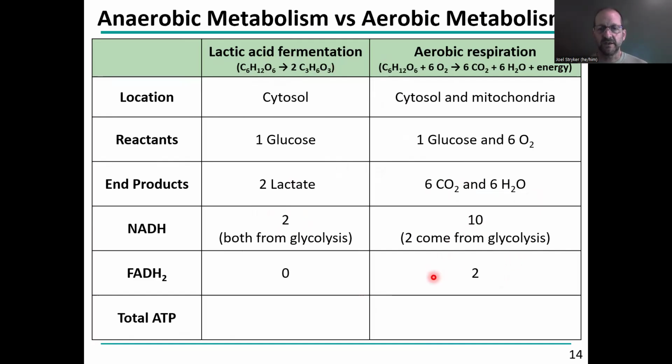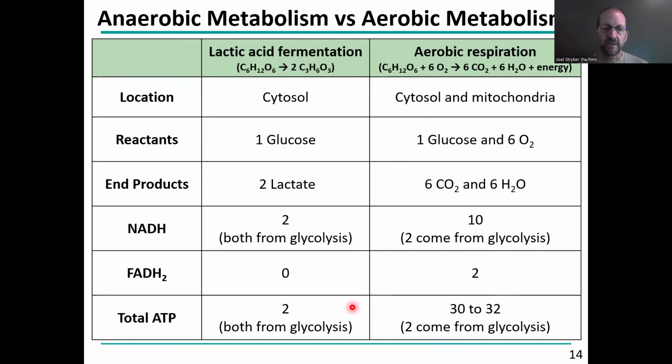FADH2 is only from the citric acid cycle and aerobic respiration. And then total ATP, 2, both of those coming from glycolysis in the fermentation process. That's all the ATP that's being generated in lactic acid fermentation. Whereas in aerobic respiration, 30 to 32 total. Again, 2 are coming from glycolysis, 2 more coming from citric acid cycle, and the remainder are coming from the oxidative phosphorylation.